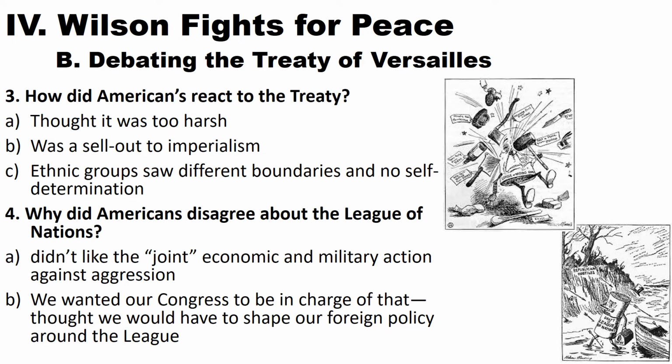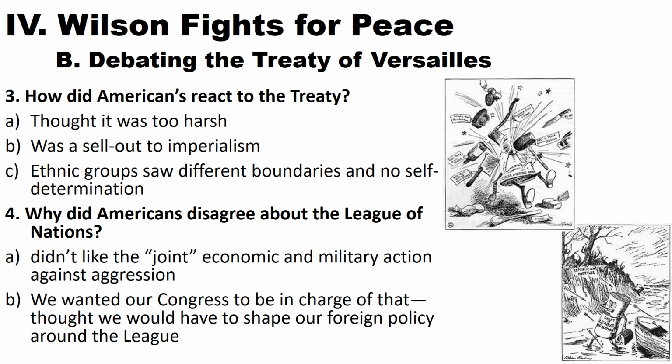And why did Americans disagree with this? The main domestic opposition really centered on the idea of the League of Nations. They really didn't like the idea of a joint economic and military action against aggression.